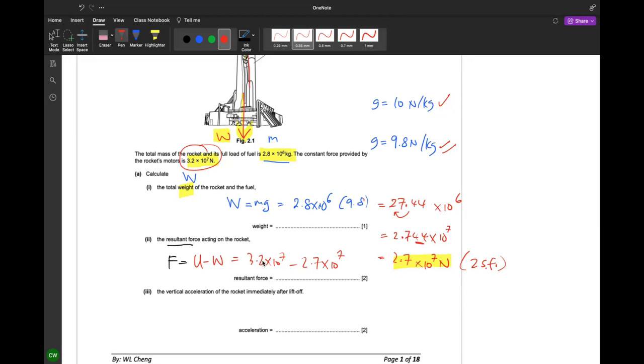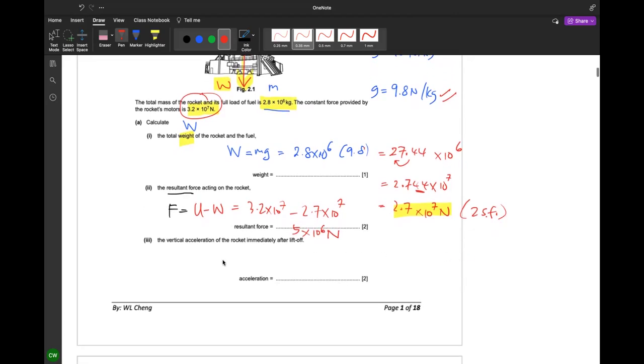A2 will be, after you subtract, 3.2 times 10 to the power of 7 minus 2.7 times 10 to the power of 7. What is the value? Use the calculator to work it out. It is 5,100, 5 times 10 to the power of 6 Newton.